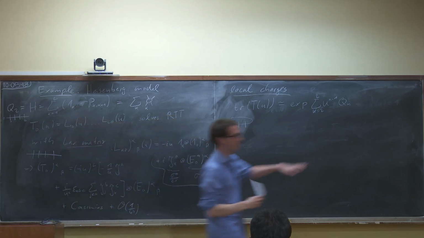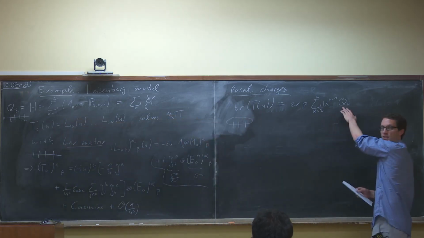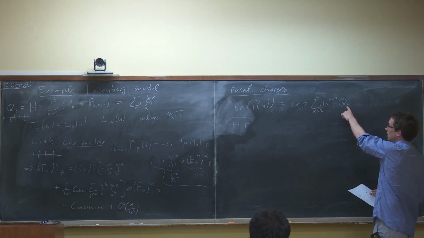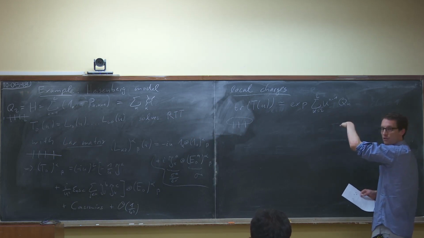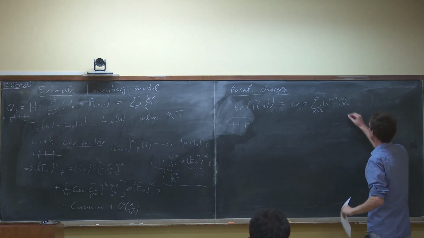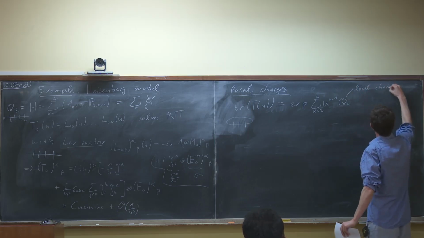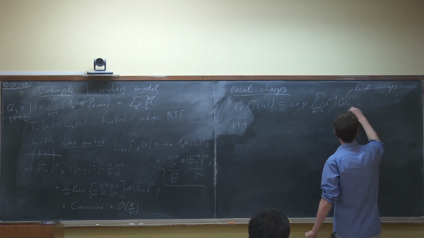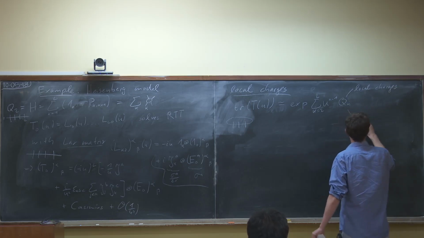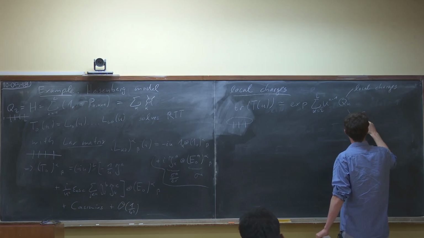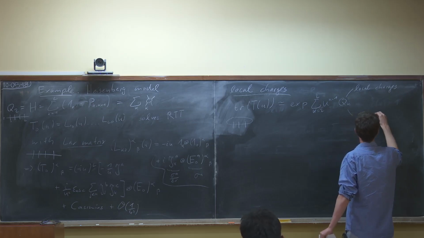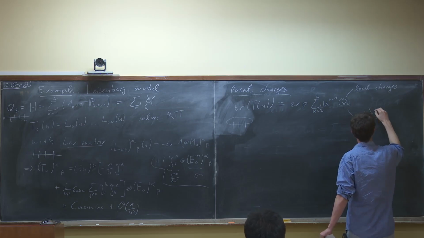And what I will generate here are conserved charges, a whole tower of local conserved charges, where local means that it only acts on neighboring sites. So this thing here is always something like this: sum over k, some interaction.